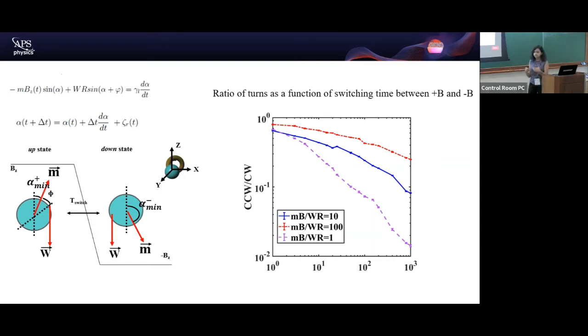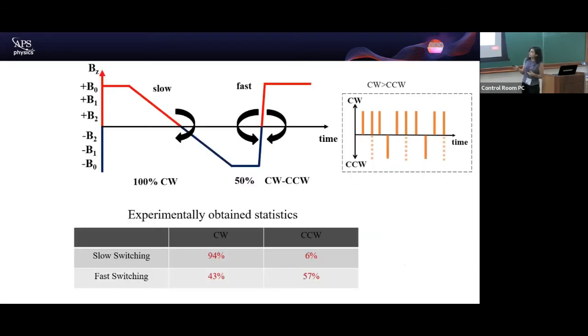So there were more clockwise turns than counterclockwise turns. In the previous diagram I showed you, there were an equal number of turnings, but now there are more clockwise turns compared to counterclockwise turns, or the other way around.